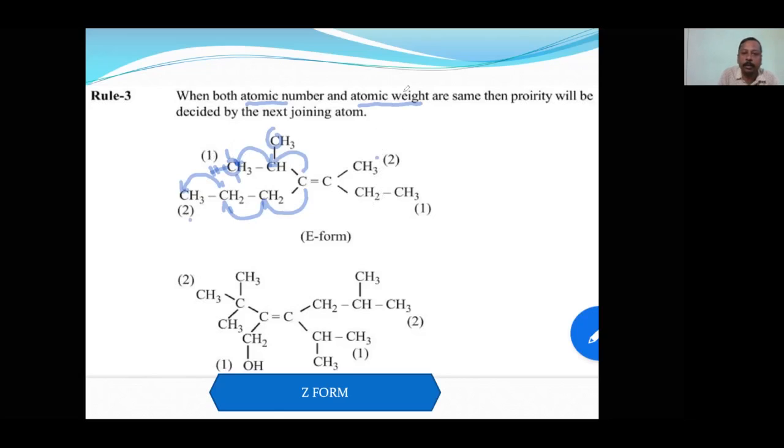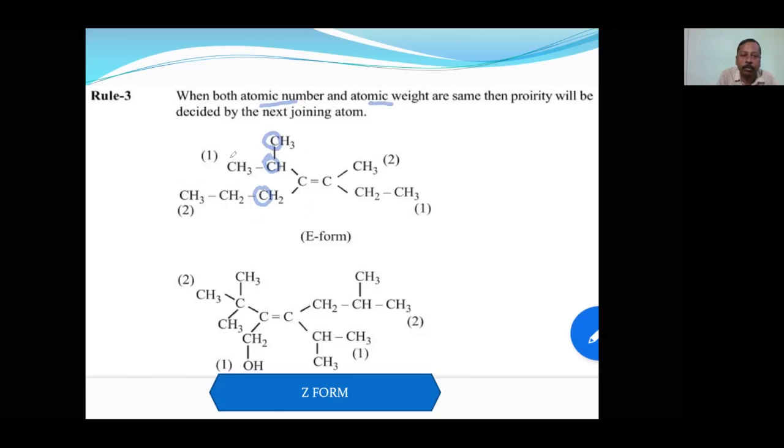Again, I am explaining to avoid confusion. First, I will compare this carbon and this carbon. Both atomic number and atomic weight are the same. Then I will compare the further atoms.